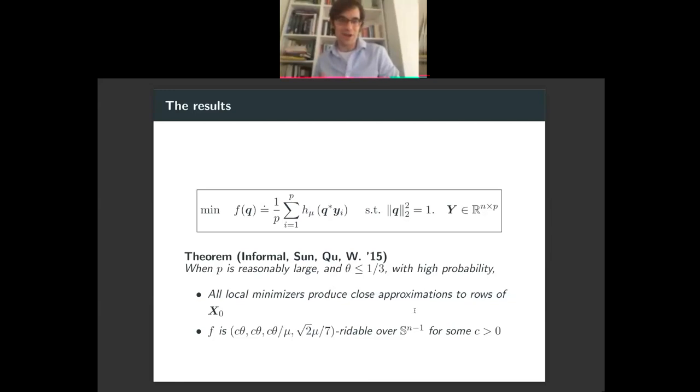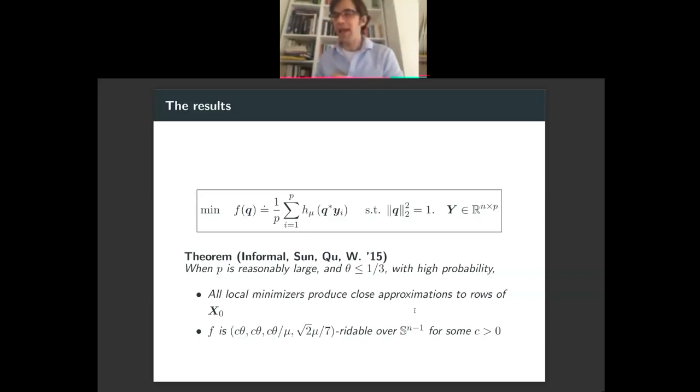So this theorem is only a sketch, but what you can prove is that if the problem is more than a little bit sparse, in particular if theta is bounded below a constant, say a third, and you've seen enough data, in particular a number of samples which is polynomial in dimension n, then with high probability, every local minimizer produces a close approximation of the truth.